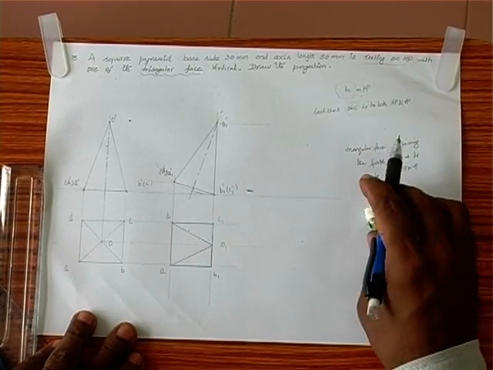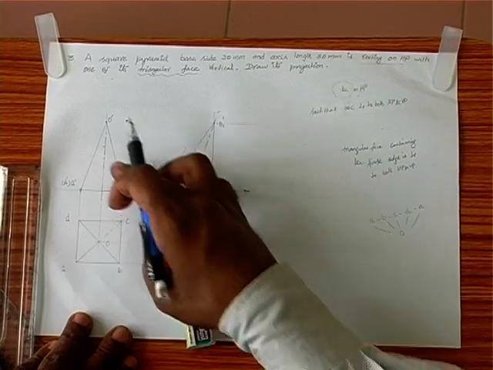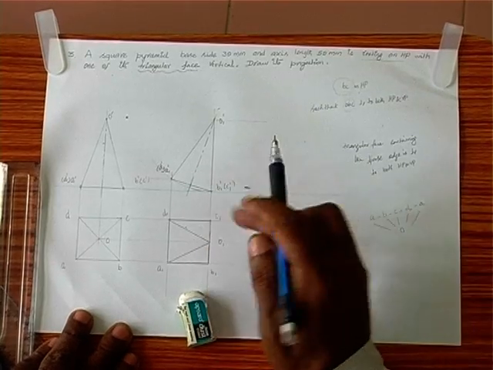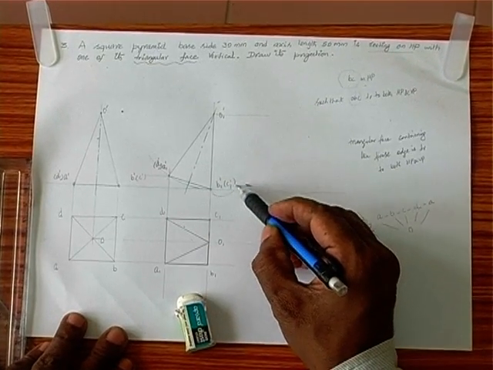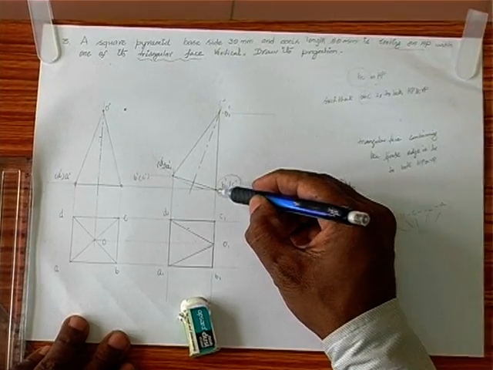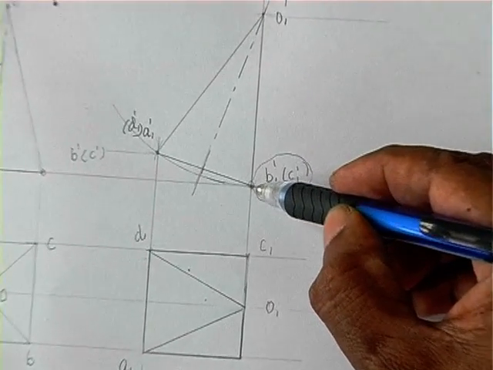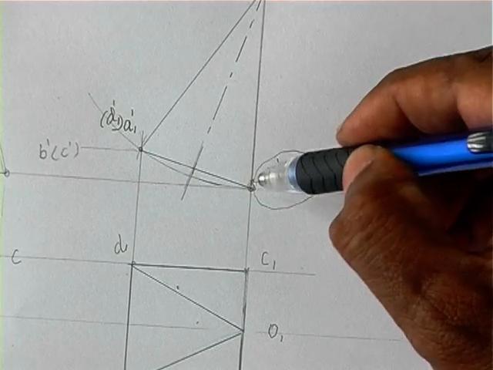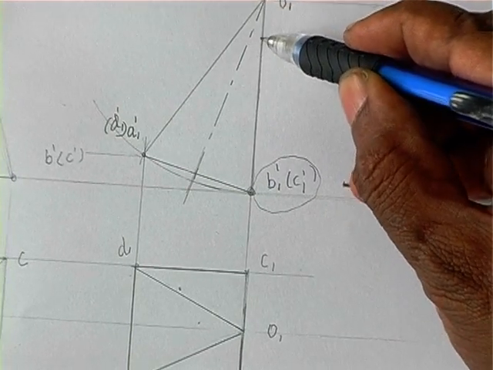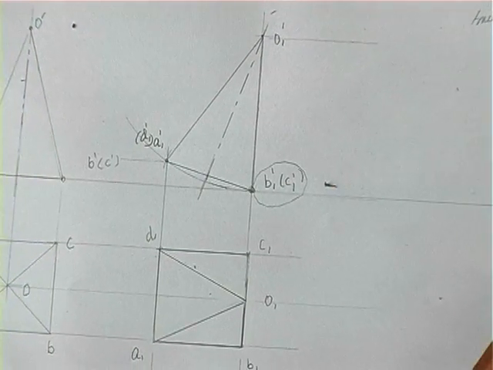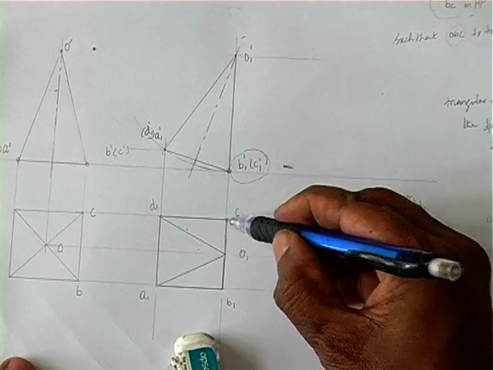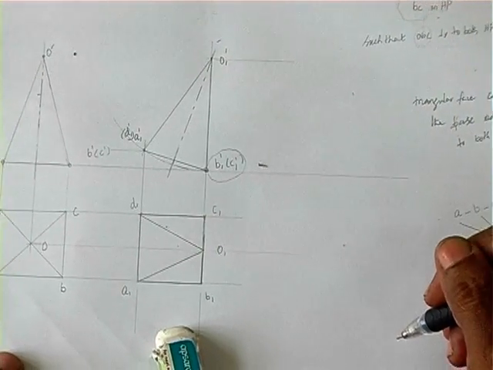In other words, we have the pyramid resting on HP with one of its base sides, that means 2 points alone on the XY line. At the same time, the triangular face containing this base side, that is OBC, O dash, B dash, C dash, is perpendicular to both HP and VP.